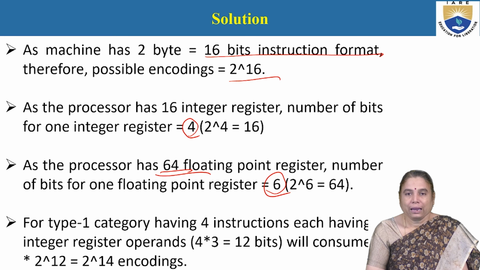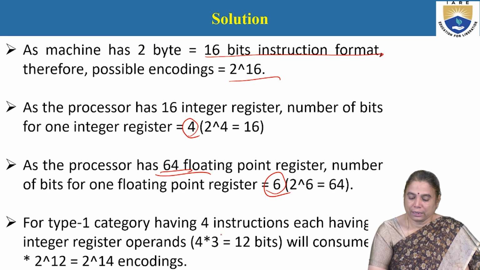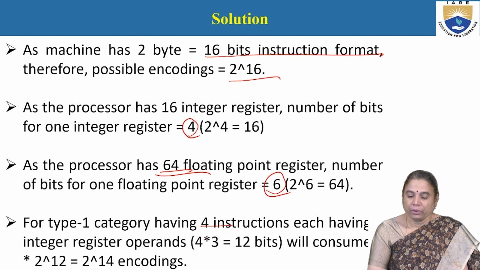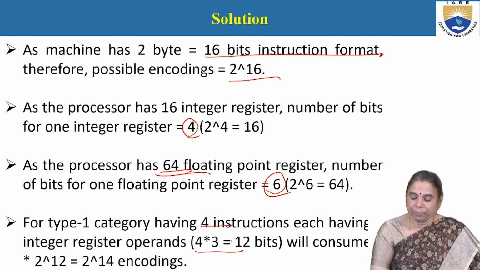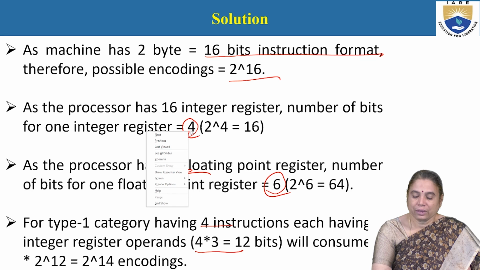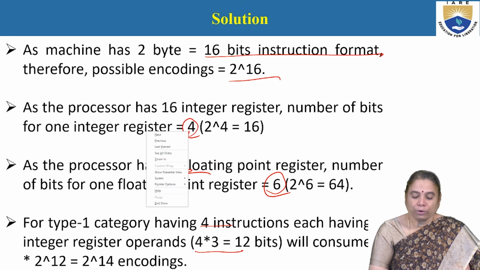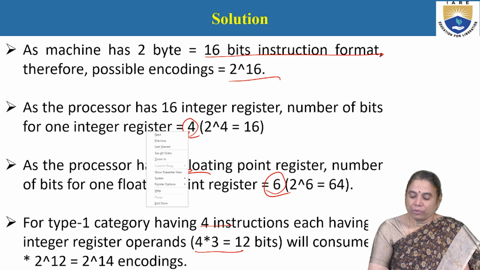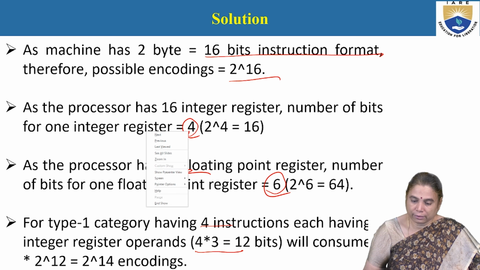Next, the type 1 category has 4 instructions, each having 3 integer register operands. So 4 into 3, that is 12 bits will be consumed, giving 4 into 2 power 12, so 2 power 14 encoding combinations. Type 1 addresses those encodings.